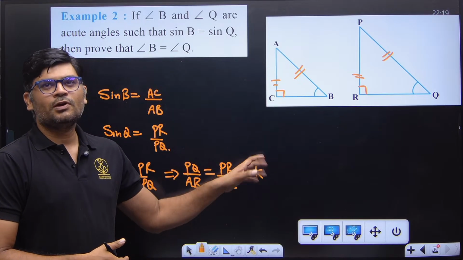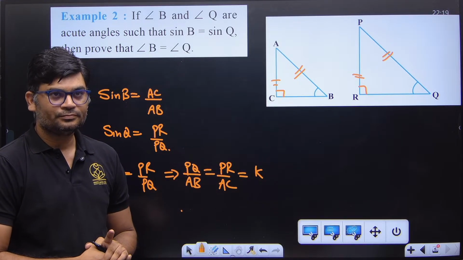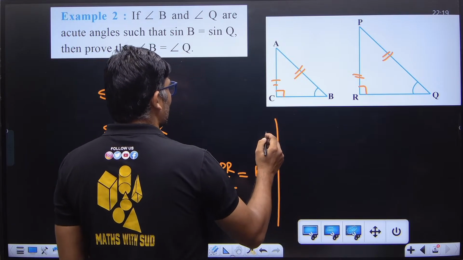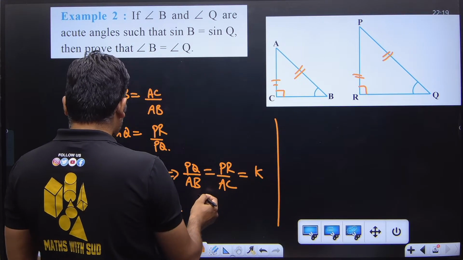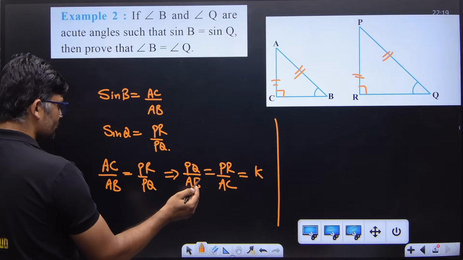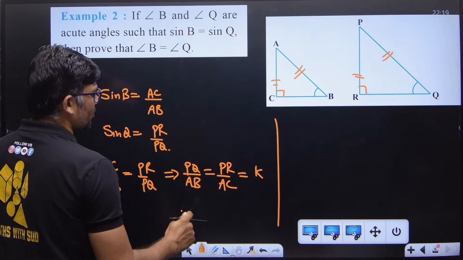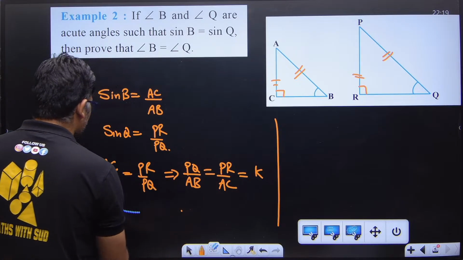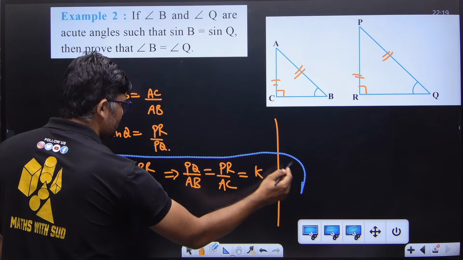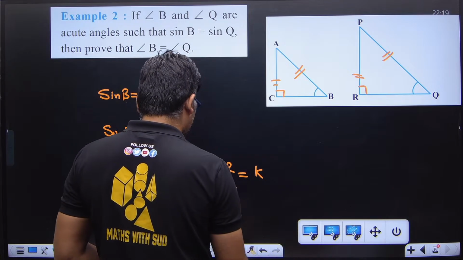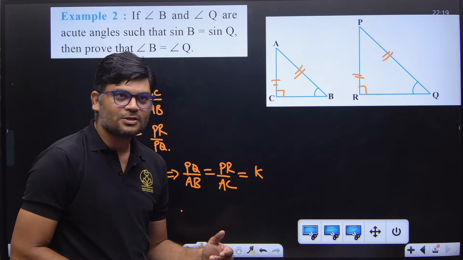Let us say it is equal to K. I think the approach was wrong. I think we have to redo the question. Don't erase, don't write anything. Just first understand the concept and then do.